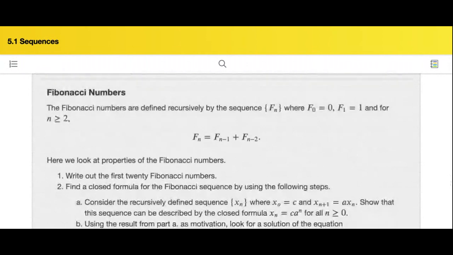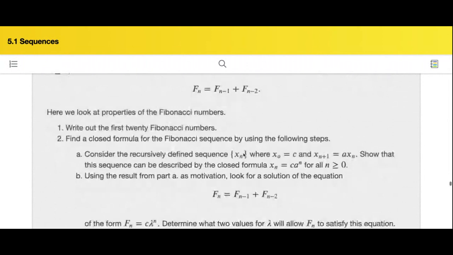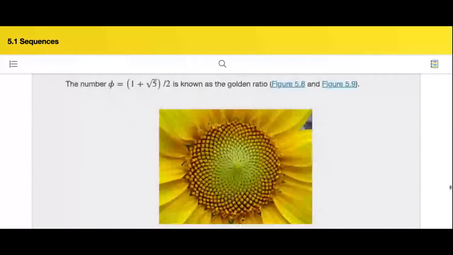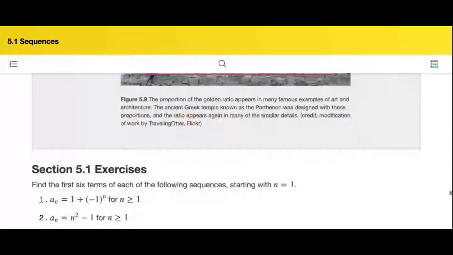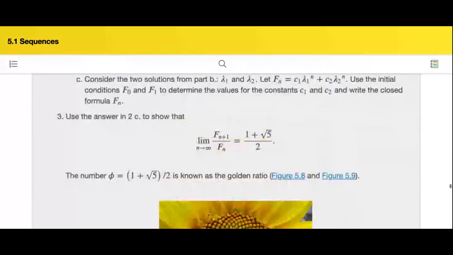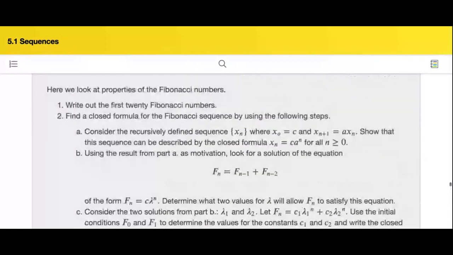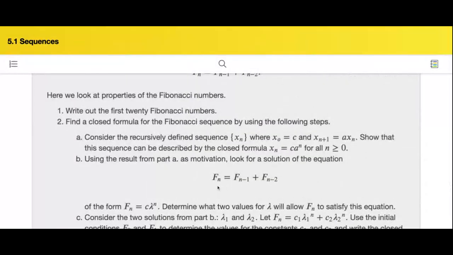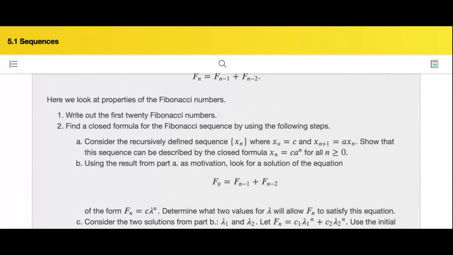Okay, Fibonacci series or Fibonacci numbers, the rabbit story. The Fibonacci sequence is defined as this: the nth term equals the addition of the previous two terms.